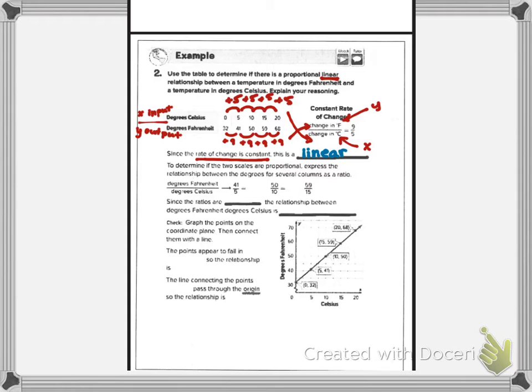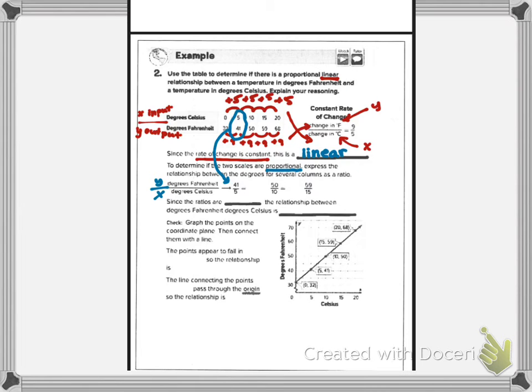That graph will form a line. Now, proportional, we look at something else. We look at the ratios between the y and the x. So you can see the y degrees Fahrenheit over the x degrees Celsius, and we're looking at that relationship. So we're looking at 41 over 5, y over x, and we find the value for that.